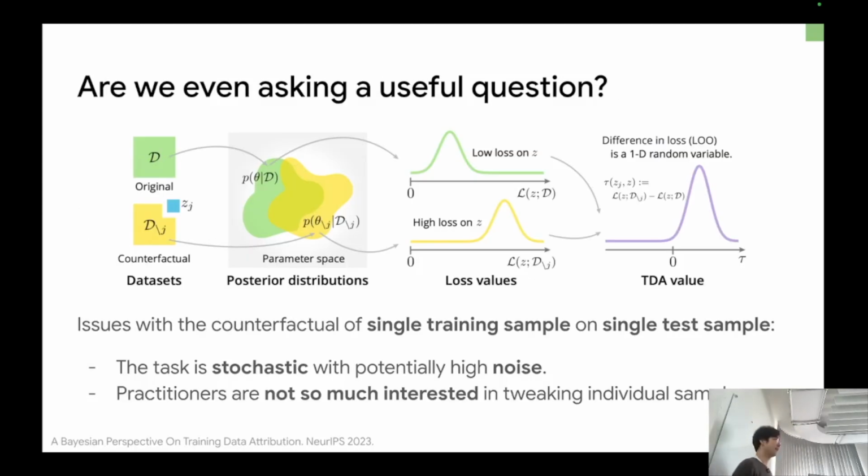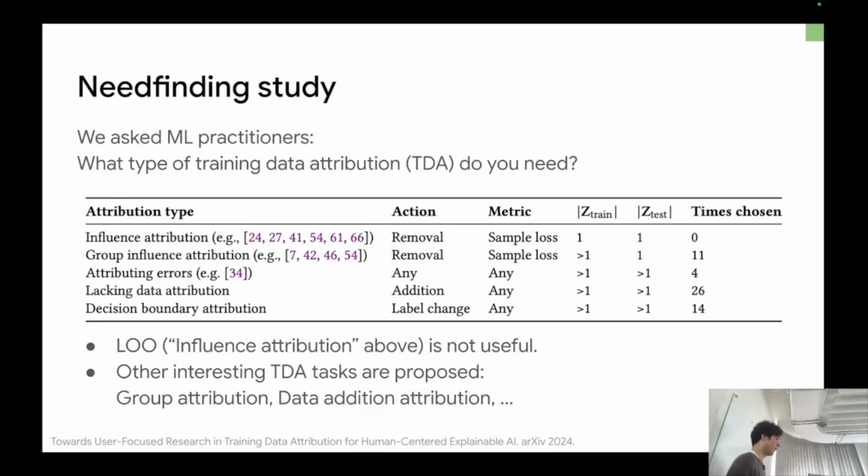The other problem, again, is that removing a single sample is usually very noisy, and the signal to noise ratio is very low. So with one PhD student from my group, Lisa, we did something called a need-finding study, which is a terminology in human-computer interaction.